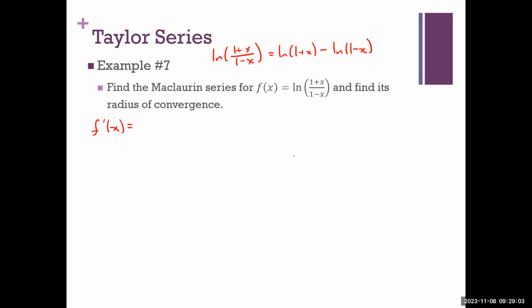So now I can treat this function as this. Can I deal with those derivatives one at a time? What's the derivative of the natural log of 1 plus x? 1 over 1 plus x. How about the natural log of 1 minus x?